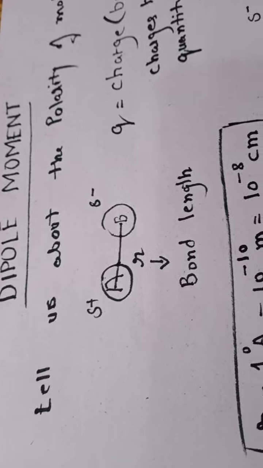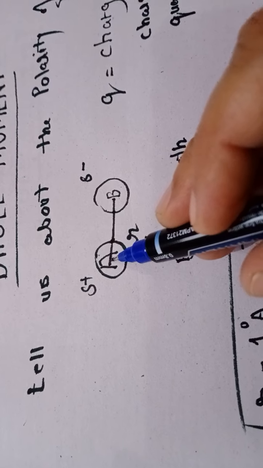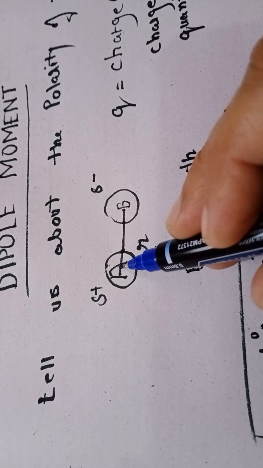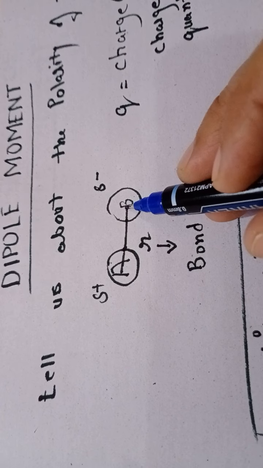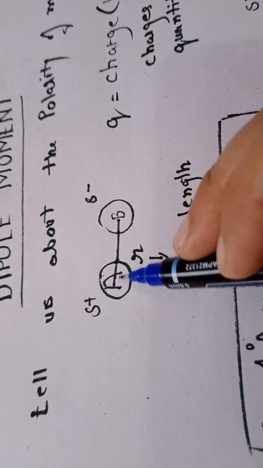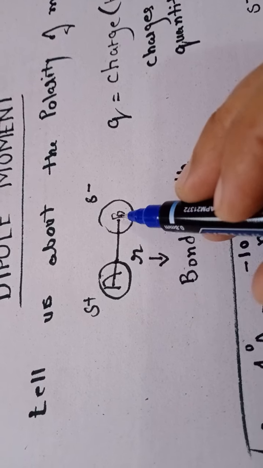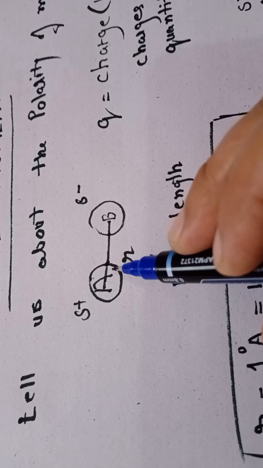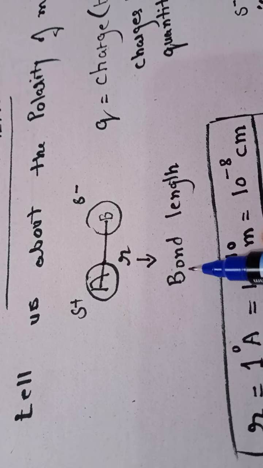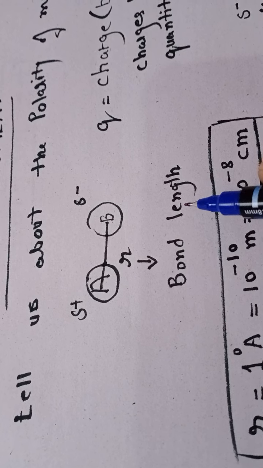The first is the bond length, which is from the center of one atom to the center of the second atom. This is the distance between the nuclei of the two atoms which are covalently bonded, and it is represented by R. It is known as bond length.